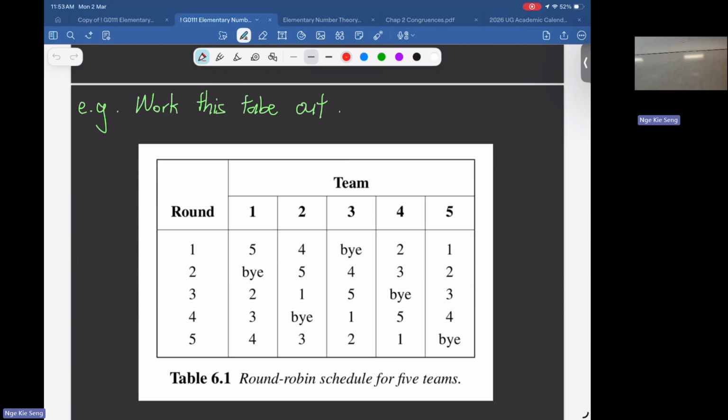So everyone gets one bye, and plays every other team once. Instead of arranging manually, you can use this formula to calculate. Obviously you can arrange manually, but let's say you have 64 teams. So we have this formula to help you work it out.